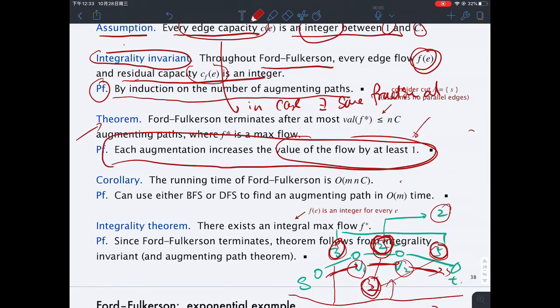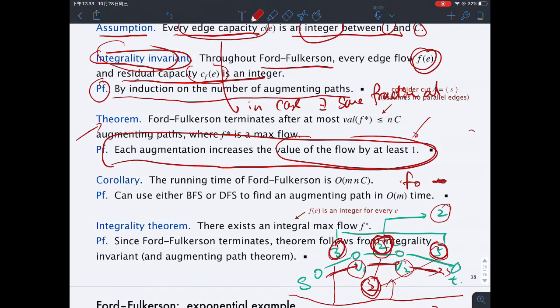That's exactly an application of the integrality invariant. We really just need to make sure that in every single round, the minimum operation level is an integer. Whenever you want to add something, the minimum unit is 1. So each augmentation increases the value of the flow by at least 1.